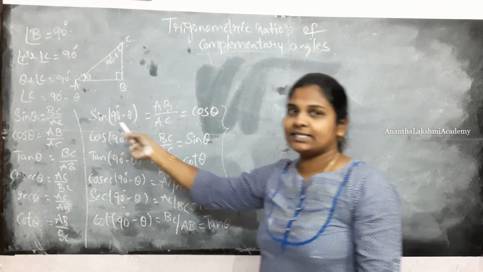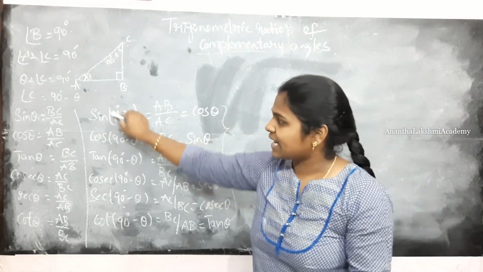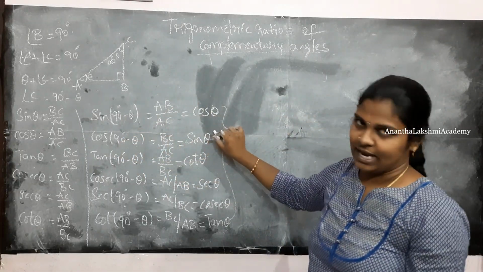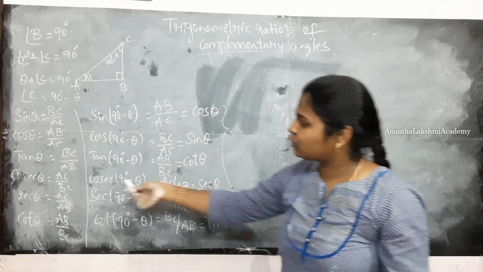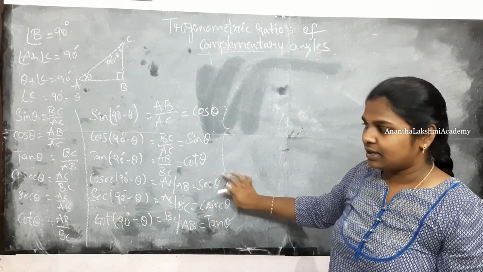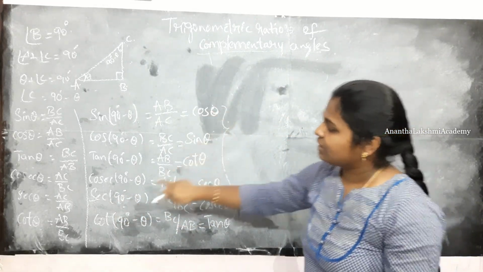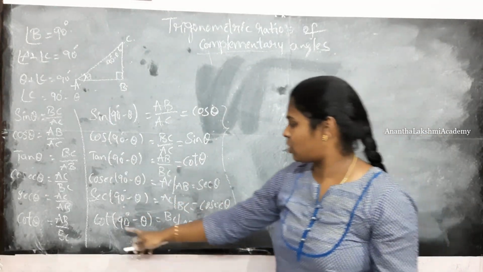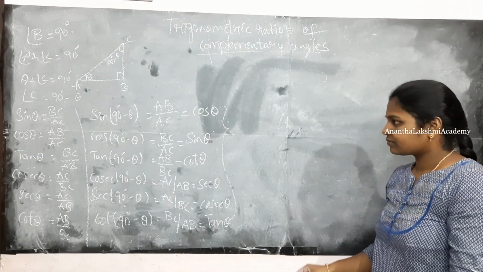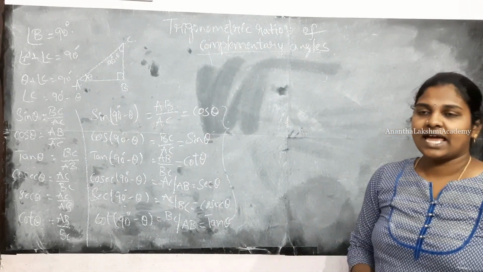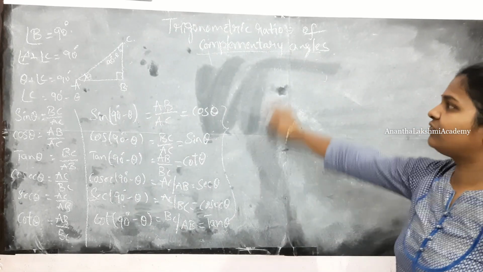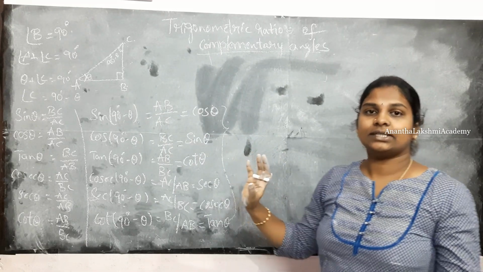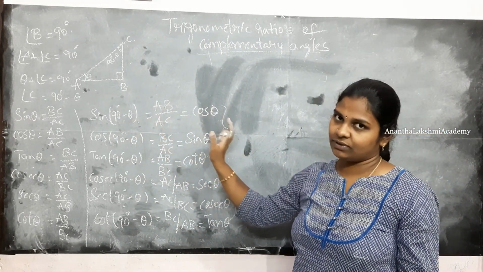For sine of 90 minus theta, it is cos. For cos of 90 minus theta, it is sine. For tan, it is cot. For cosecant and secant, it's the other way around: for cosecant, it is secant, and for secant, it is cosecant. For tan, it is cot, and for cot, it is tan. Alright? So this is the concept for complementary angles. For all the trigonometric ratios, we just learned the 90 minus theta values and we have to remember this.